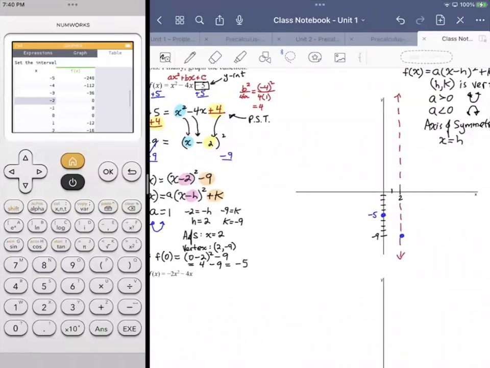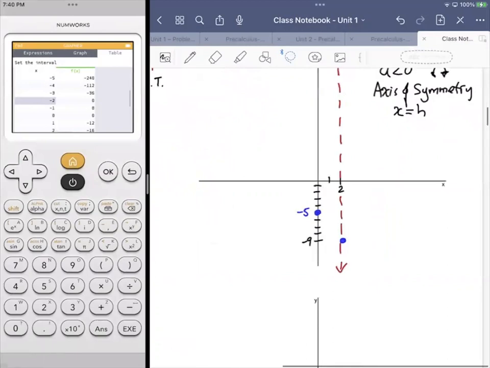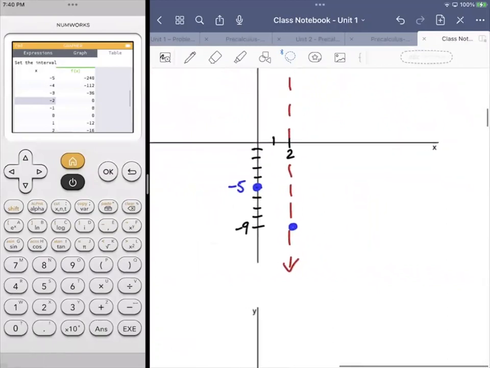All right, so I now know 2 points that this graph has to go through, but also the axis of symmetry is the line that the graph must be symmetric around. So you have a point here that's 2 units away. So there must be another point 2 units in the other direction. All right, you got 2 units here, you got 2 units there. That's the symmetry part of it.